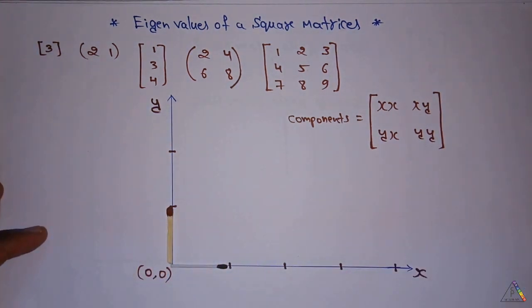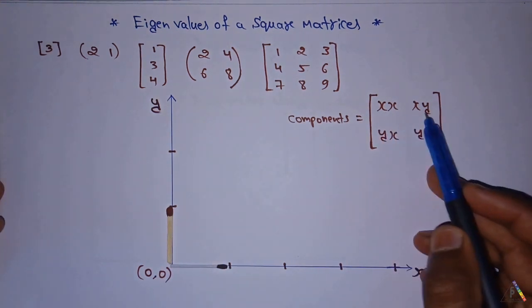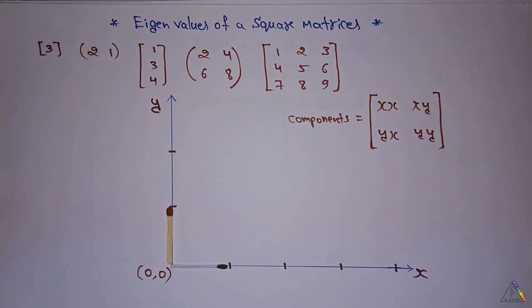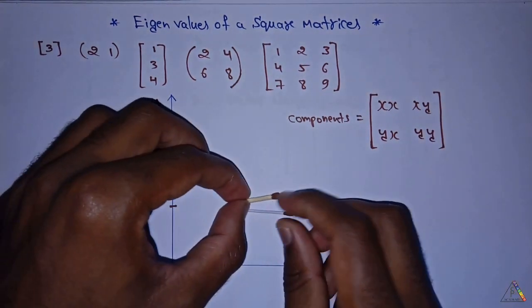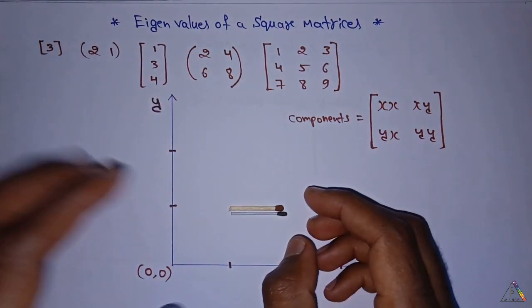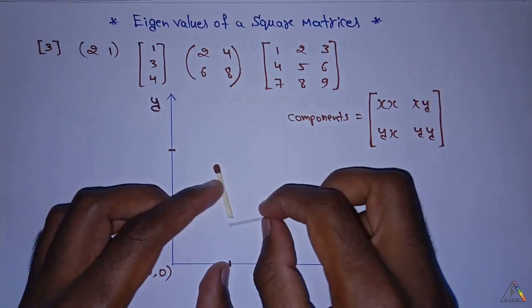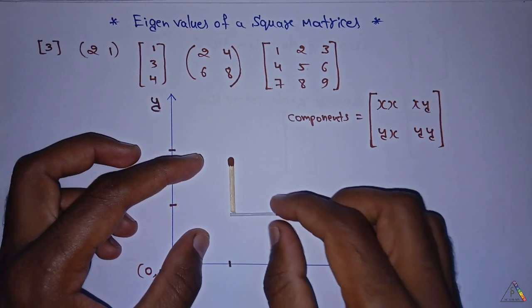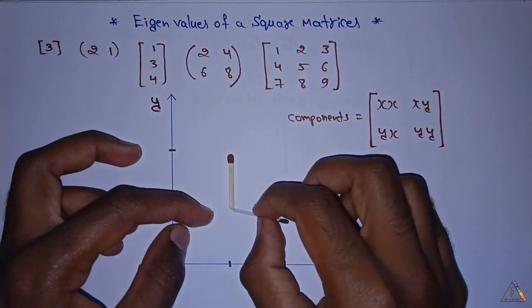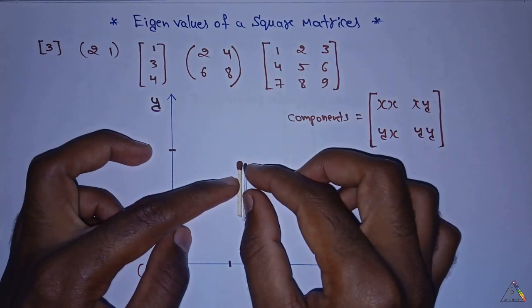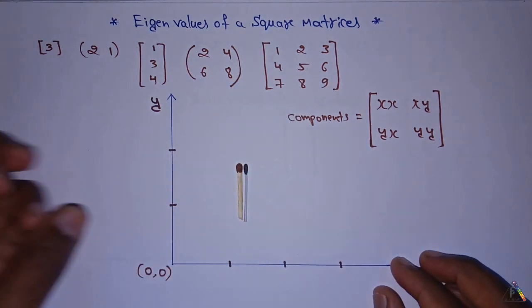Now these two basis vectors will have four components, that is xx, xy, yx and yy. These are the xx component, the xy component, the yx component, and this is the yy component.